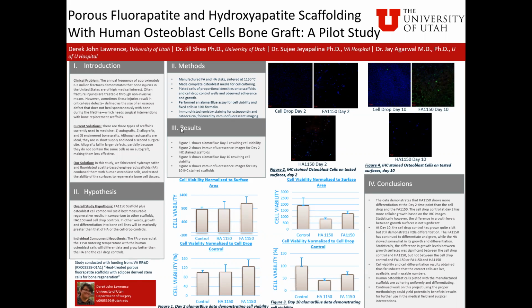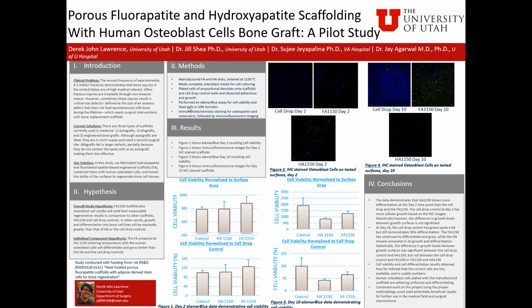defect area. So we manufactured these discs, had the media ready for the cell culturing, and grew the cells on the discs as well as just on the plate itself for the cell drop control at specific densities that were essentially proportional.